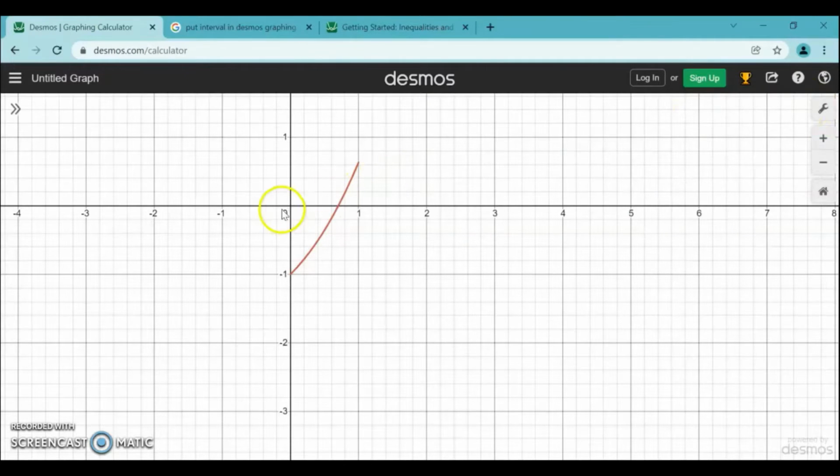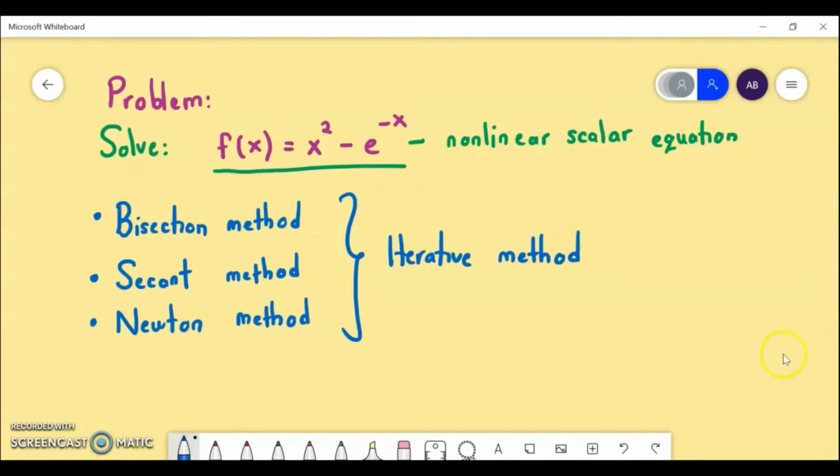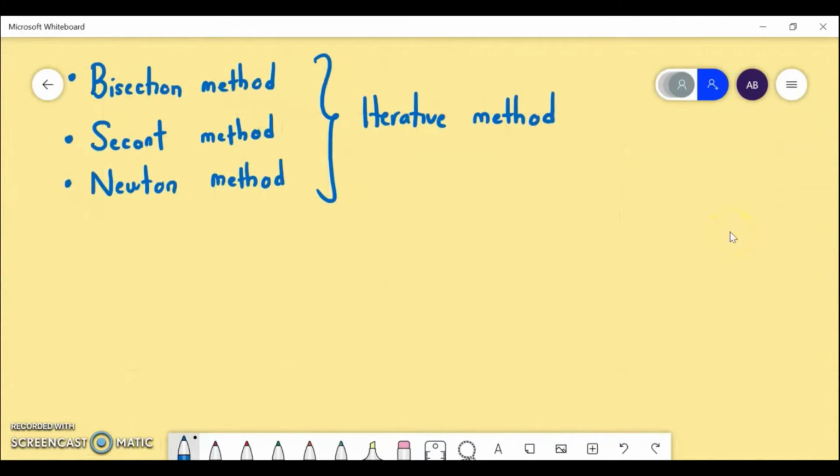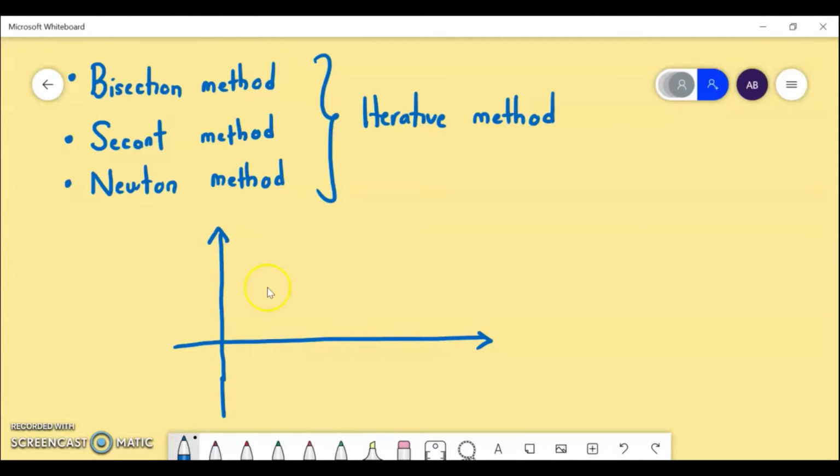From this plot, if I sketch it now, we can see that we have -1 here, this is 0, this is 1.